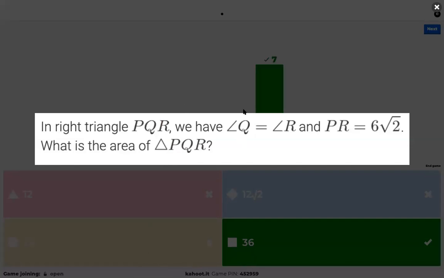Right triangle PQR with Q equals R. That means it's a 45, 45, 90 right triangle. PR equals 6 root 2. Okay, now we drop down this altitude.